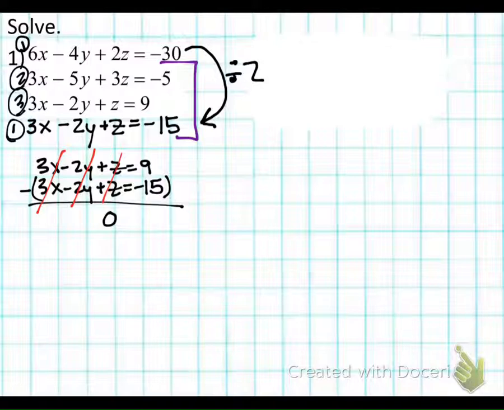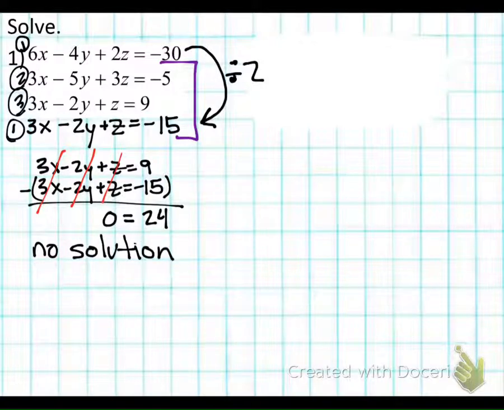Then my equal sign drops down, and I have 9 minus negative 15, which is 9 plus 15, so 24. What does that tell me based on my rules? There's no solution. So we get to stop, and the problem becomes so much shorter. We like when there are these special cases.